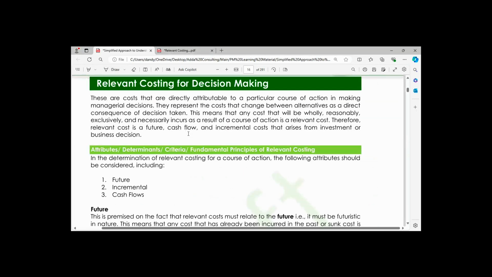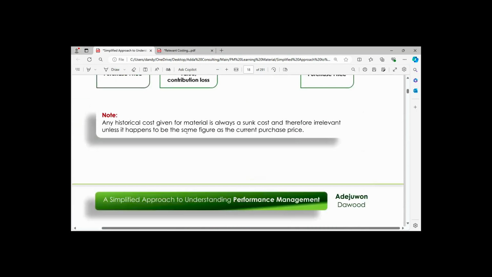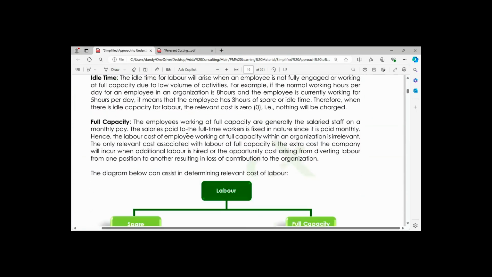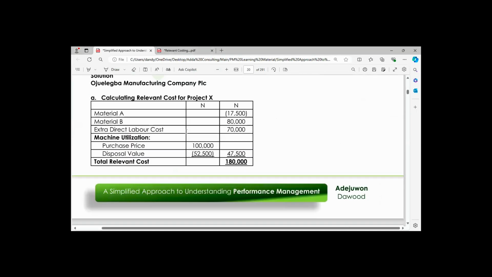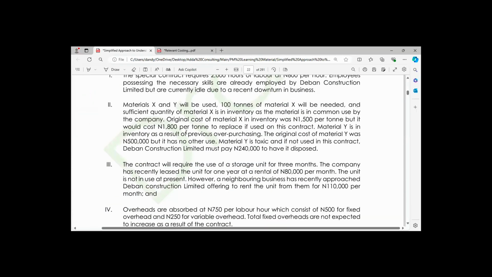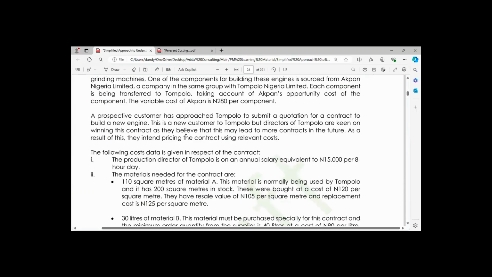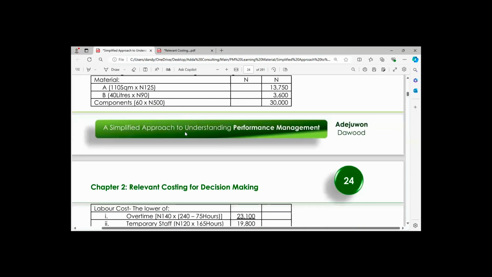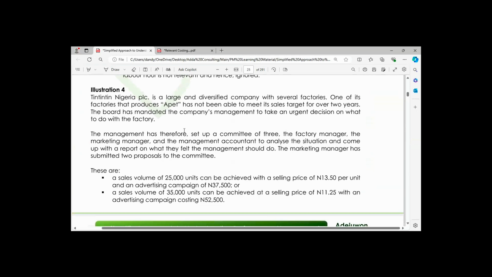Let me quickly show you how you are expected to state your assumptions. That's illustration number 4. Okay, so this is the same question.